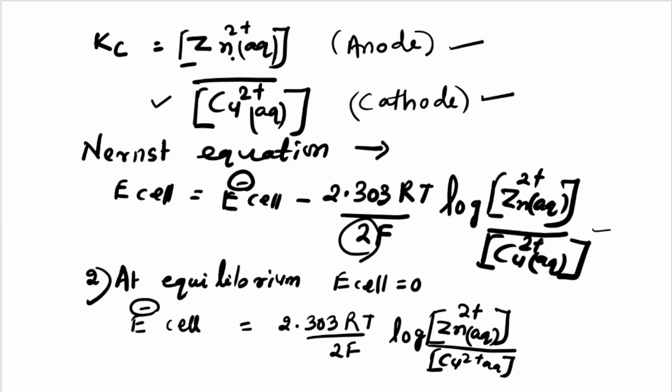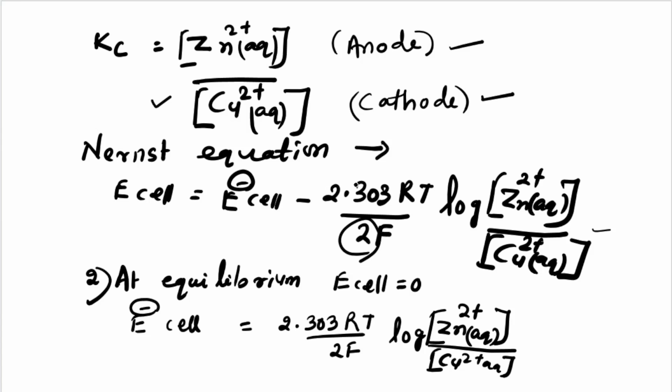And here, the next equation. As you know before, for the Daniell cell, E cell, or you can say the electrode potential of the cell, or cell potential, or EMF of the cell, equals E0 cell, the standard electrode potential, minus 2.303 RT by 2F.